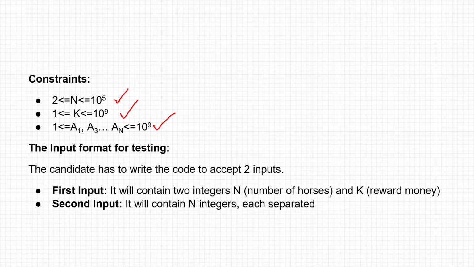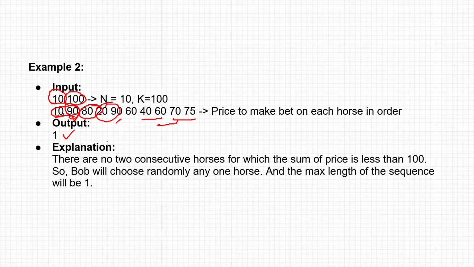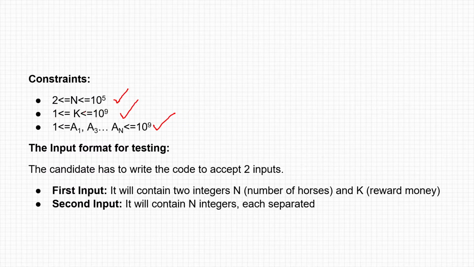So the candidate has to write the code to accept two inputs. So the input format for testing, they are also specifying the input format. Sometimes they will specify the input format, or by seeing the input, the way they have given it, you are supposed to understand what output they are expecting.